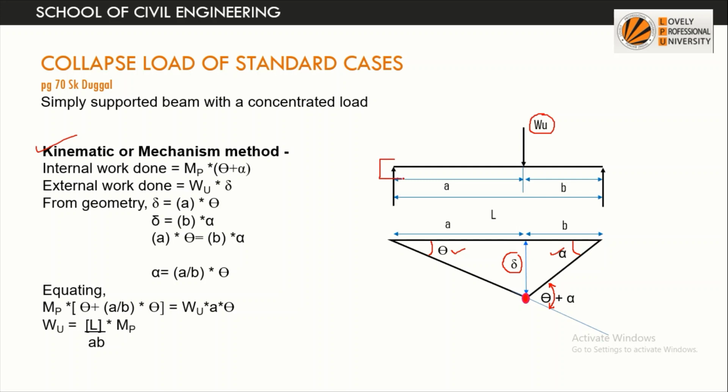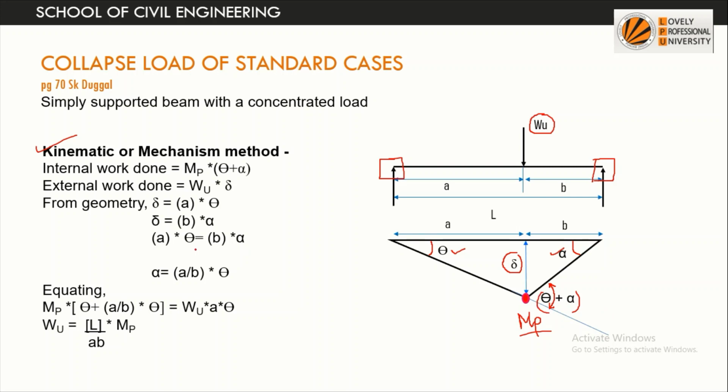Since here the bending moment is 0, no plastic hinge will be formed at the supports in the case of simply supported. So the only possible place is this point where maximum deflection is taking place and it is under the point load.